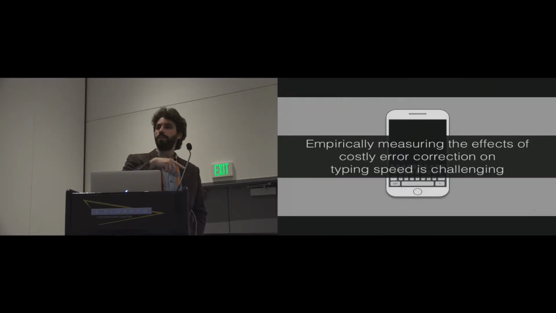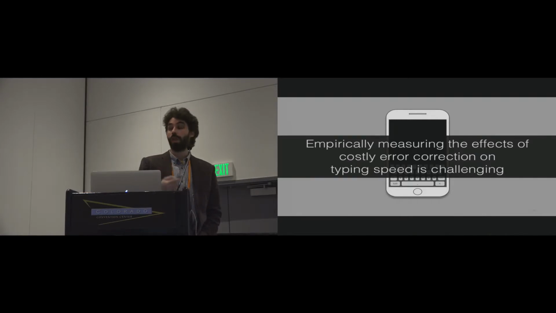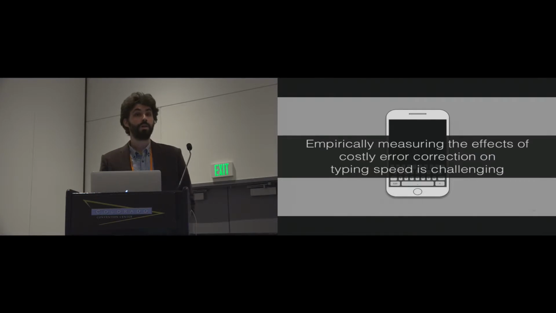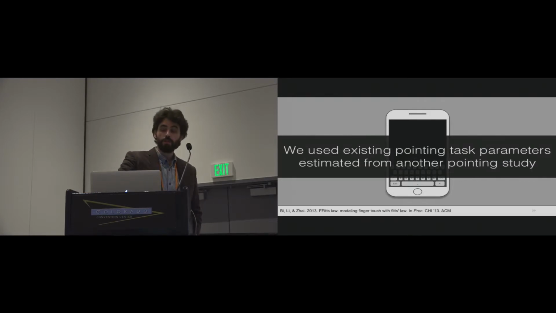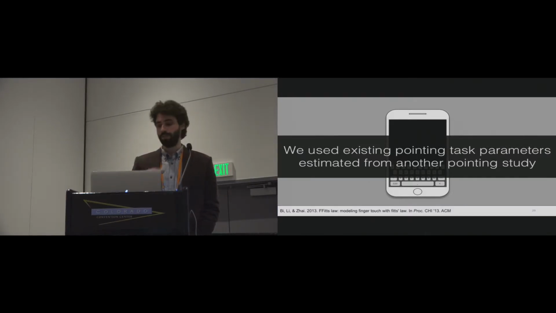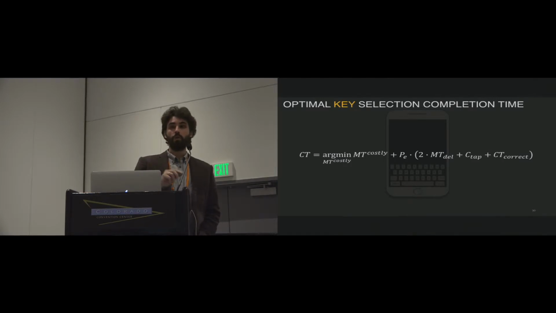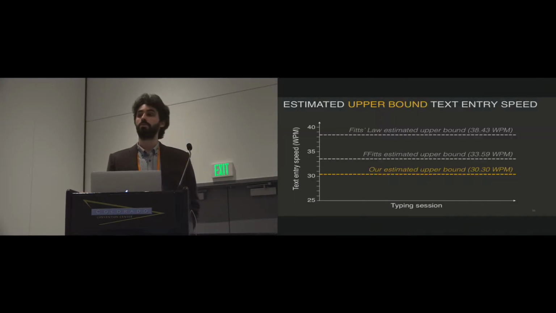Now, the earlier study that you saw empirically measured these movement times between different keys, but that is challenging because it takes a lot of time to collect this kind of data and may even require expert typists. So instead, we use the existing pointing task parameters to estimate our movement times, both the costly ones and the riskless ones. And once we perform this optimization, now we can compute 3 different upper bounds.